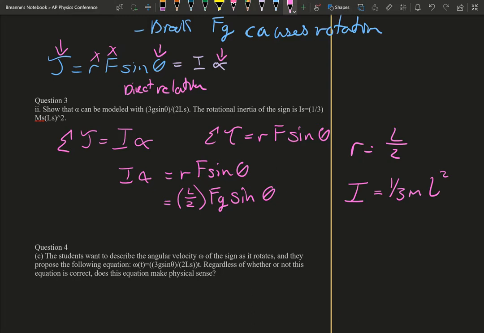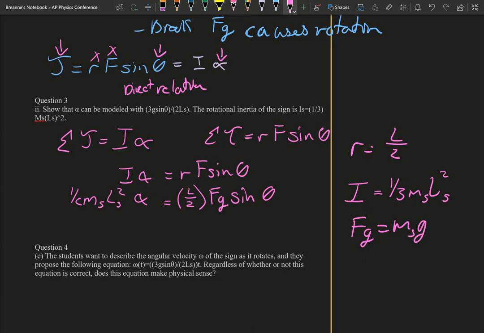So you can literally just plug that in, make sure you label it as M_S and L_S. So we can literally just plug that in for I. So that would give us 1/2 M_S L_S squared alpha. We know that our force of gravity is just mg.